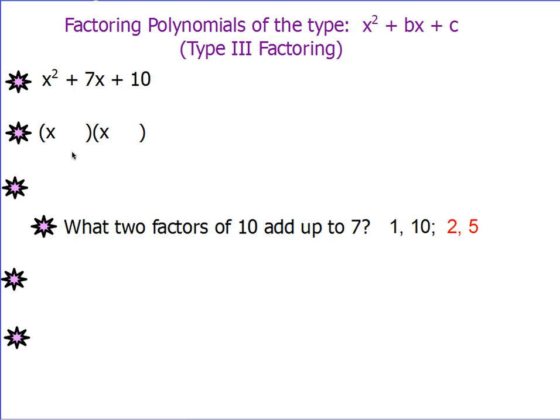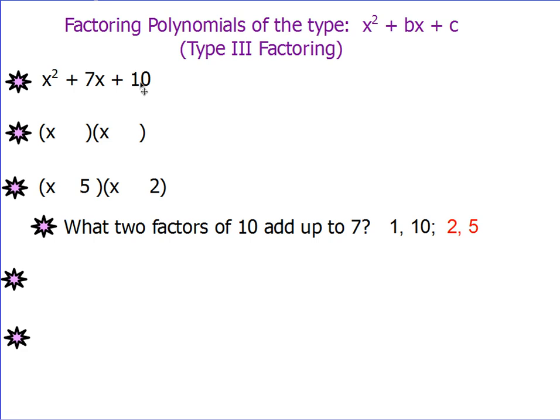So I can start filling this in a little bit more. I know that the 2 outside terms here are going to be 5 and 2, because 5 times 2 is 10. And I know when I add these numbers, I'm going to get 7. Now, again, just to be sure, how do you know that this should be an add? The way you know that is, again, you look at this last term here, 10. I'm multiplying a 5 times a 2.